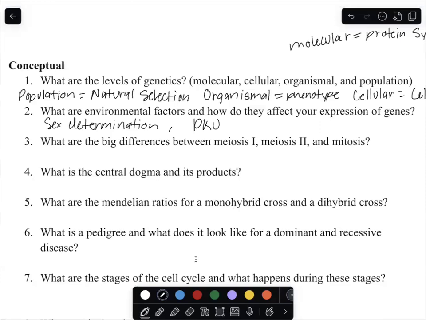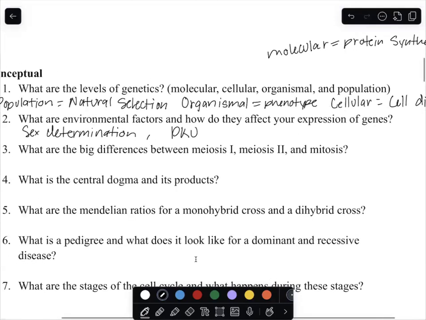And if you do eat something that that gene encodes for, then you'll get really sick. Another factor would be like the fox changing coat.